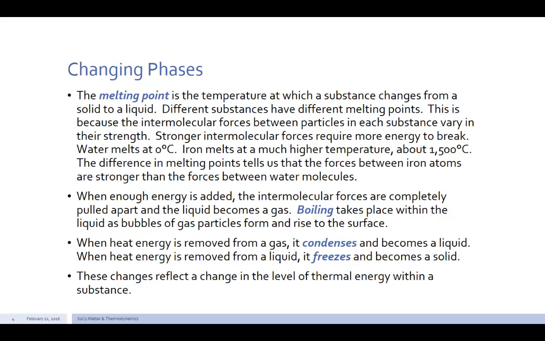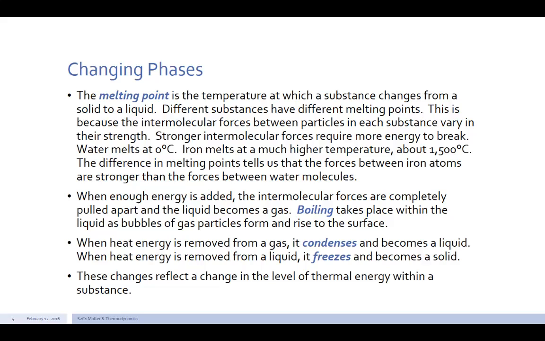Now, when we start thinking about this in terms of specific heat, there's another factor here, but we'll save that for when we talk about it in class. When enough energy is added, the intermolecular forces are completely pulled apart and the liquid becomes a gas. This is the boiling point. So boiling takes place as the liquid bubbles the gas particles out of the fluid as it rises to the surface.